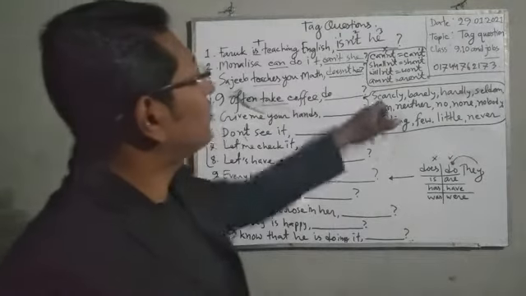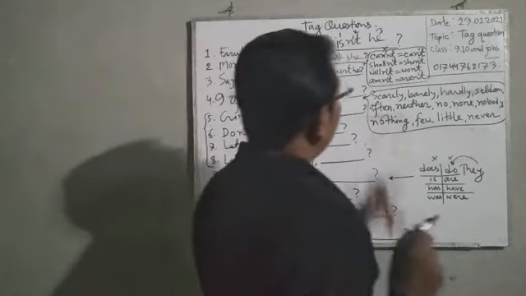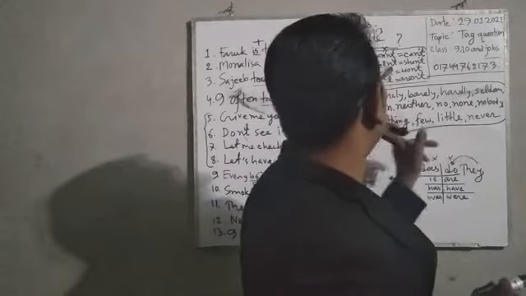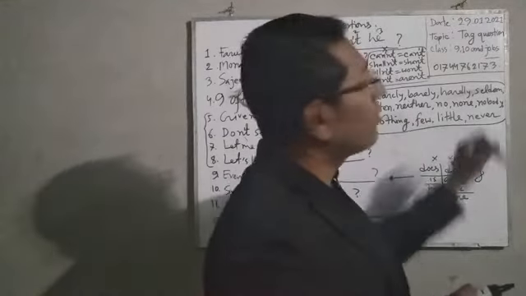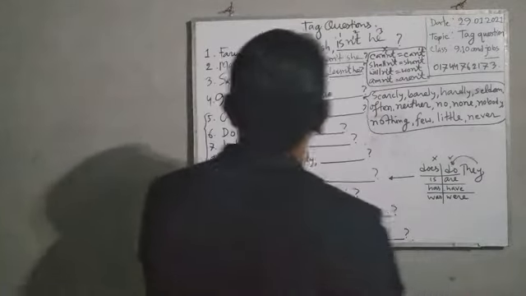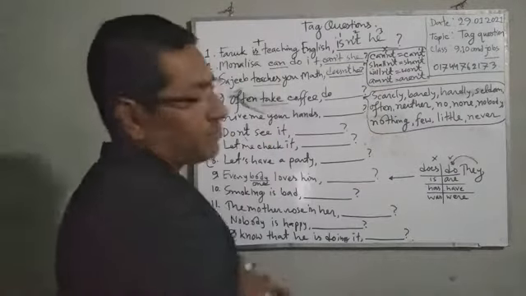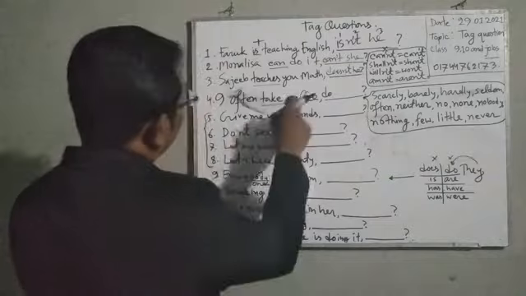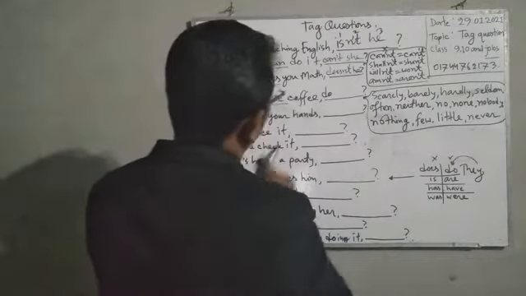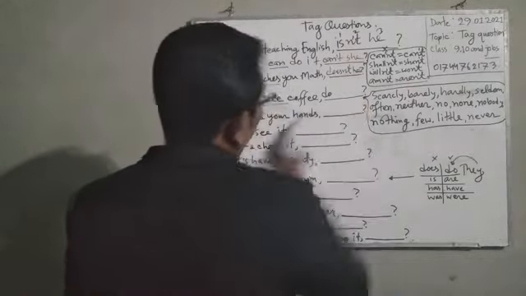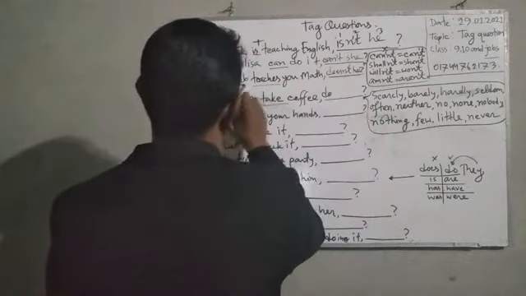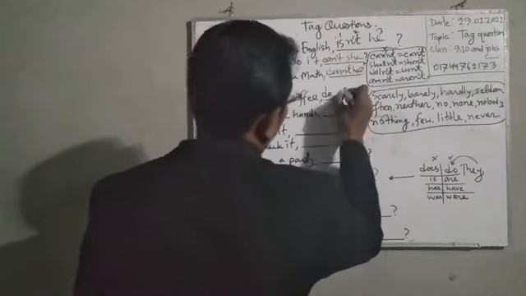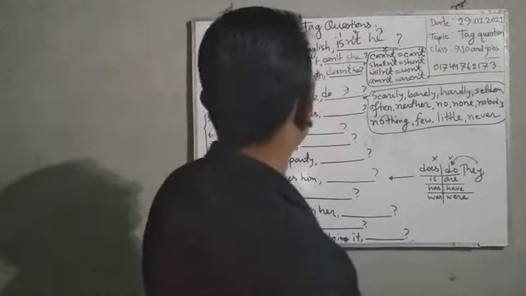If the sentence has scarcely, barely, hardly, seldom, often, neither, no, none, nobody, nothing, few, little, never, we treat the sentence as negative. So the sentence is negative, "I often take coffee", so we have to make the tag positive. So we don't need not, and the pronoun of I is I. The answer is do I.